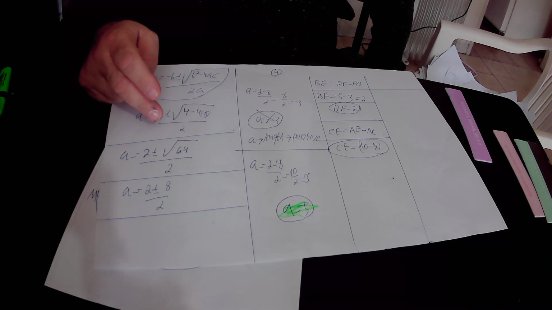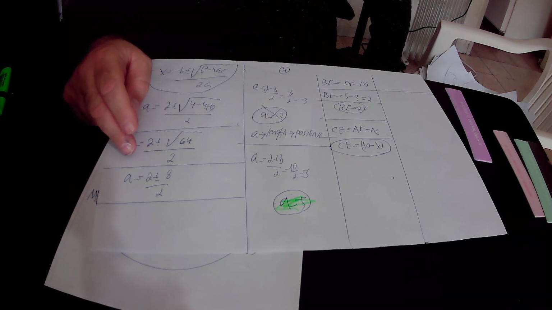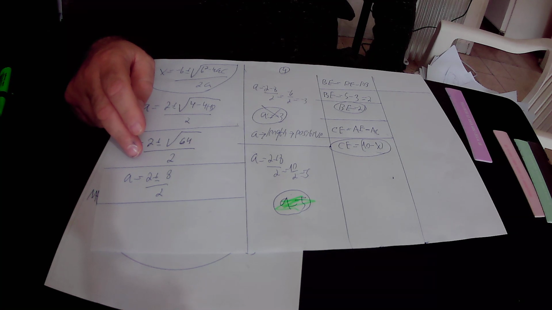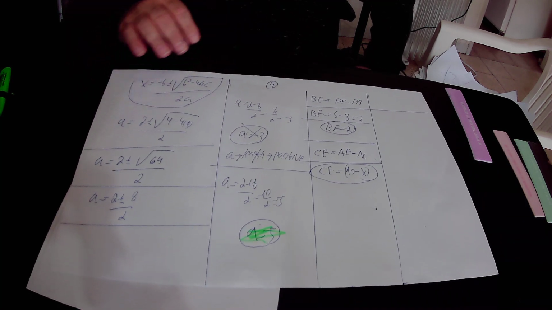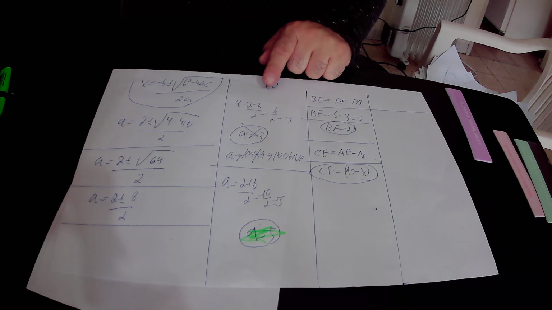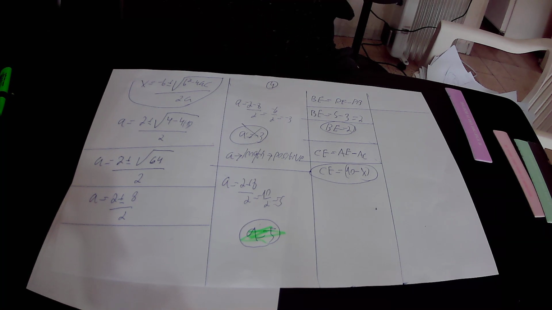The square root of 64 is 8, so we have two possible solutions for A: 2 plus or minus 8 over 2. The first solution is A equals 2 minus 8 over 2. 2 minus 8 is minus 6, and minus 6 over 2 is minus 3. So A equals minus 3, which is a negative number.